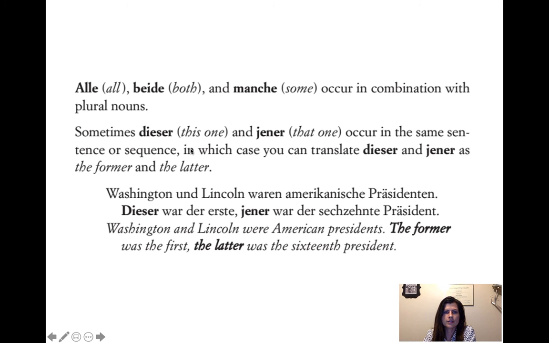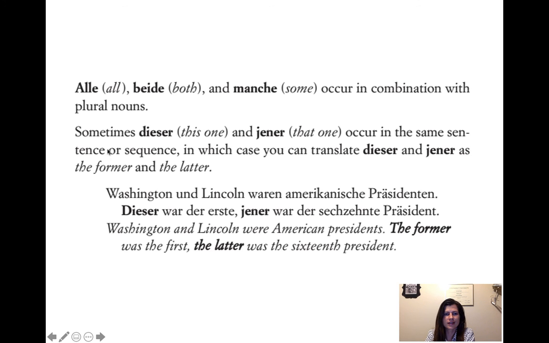And then dieser and jener, they can occur in the same sentence. That is when you would translate it as the former and the latter, because dieser is like this one right here, close to you, and then jener is like, oh, that one farther away. The former and the latter, as in the one that I mentioned most recently, and the one that I mentioned further back.